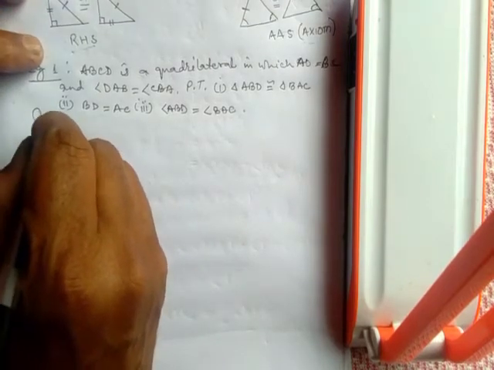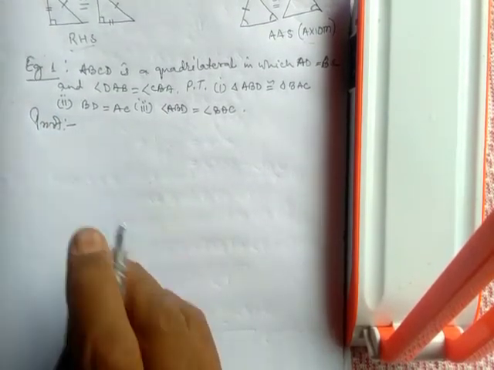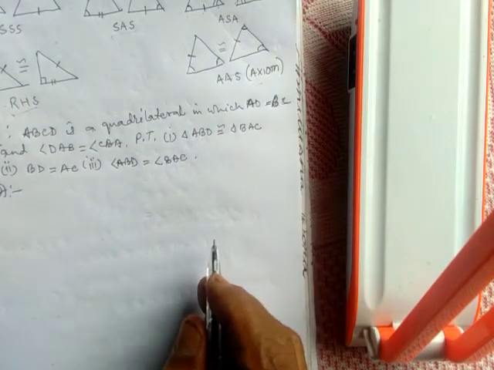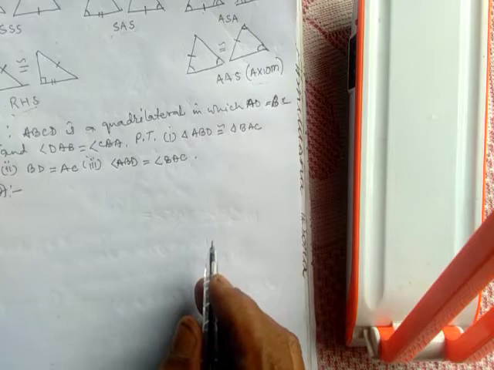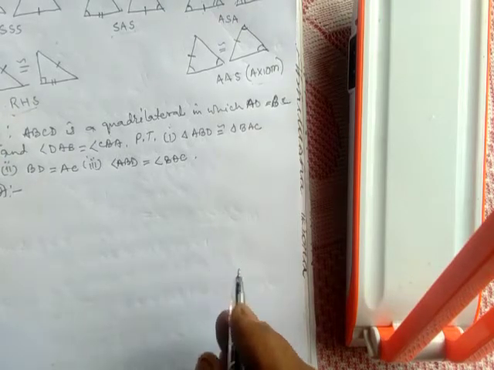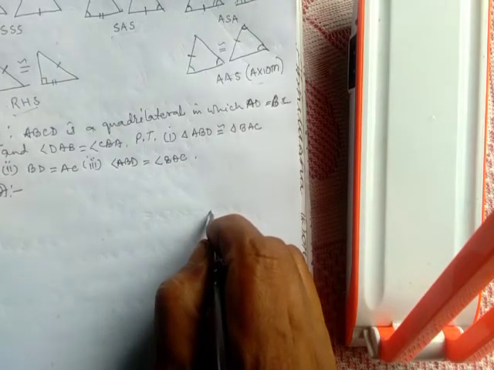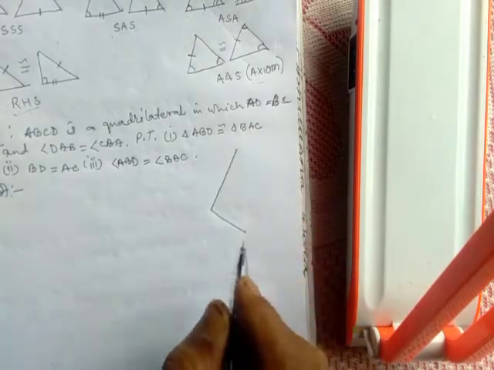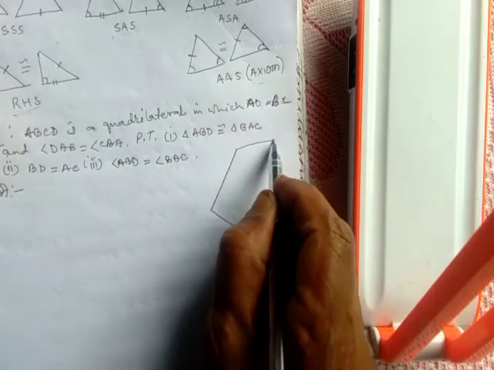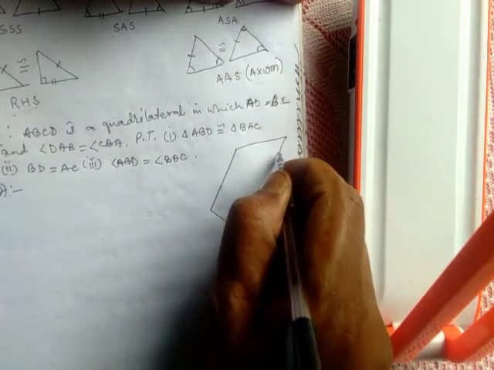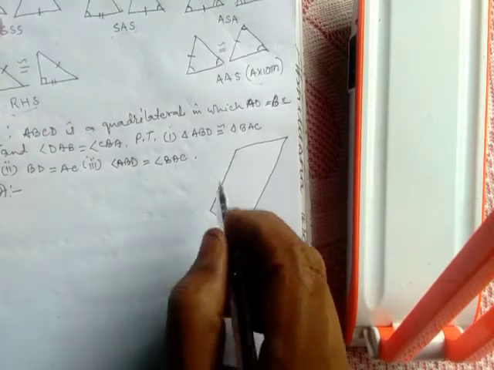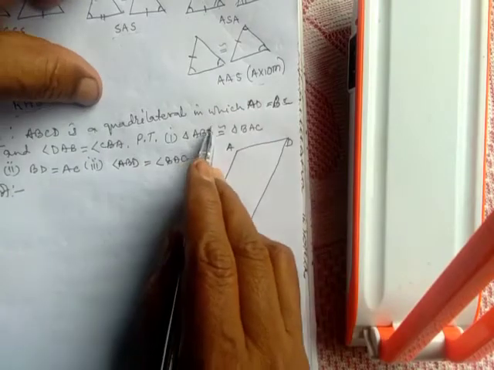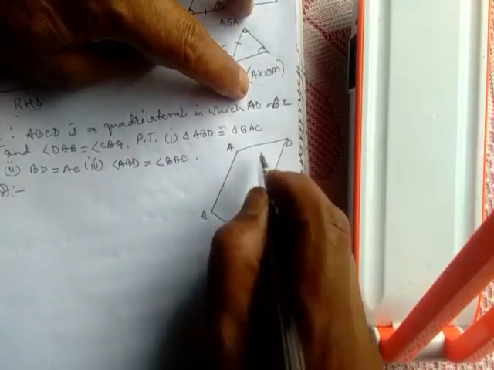Proof. Let me draw the diagram at first. ABCD is a quadrilateral in which AD is equal to BC.